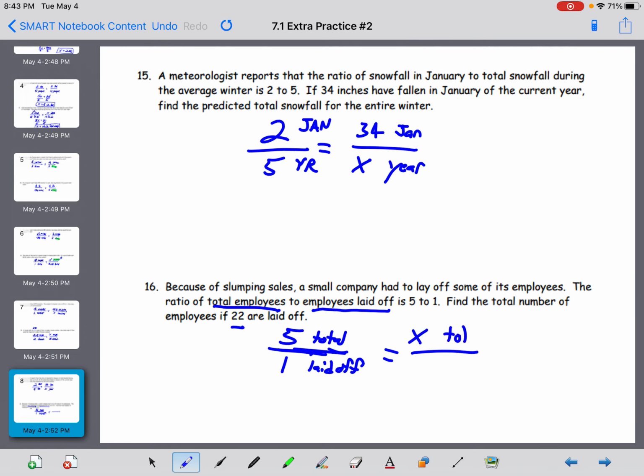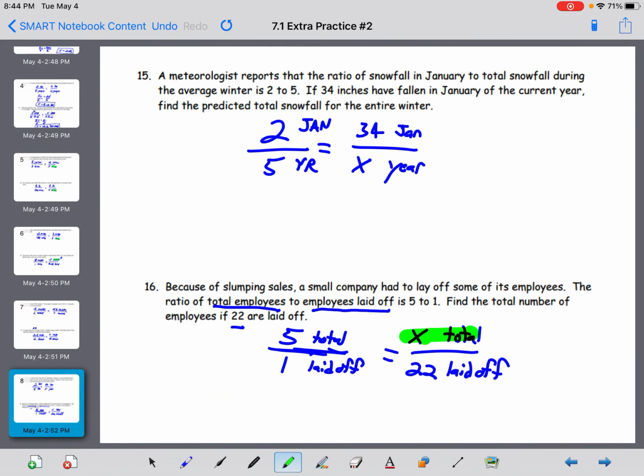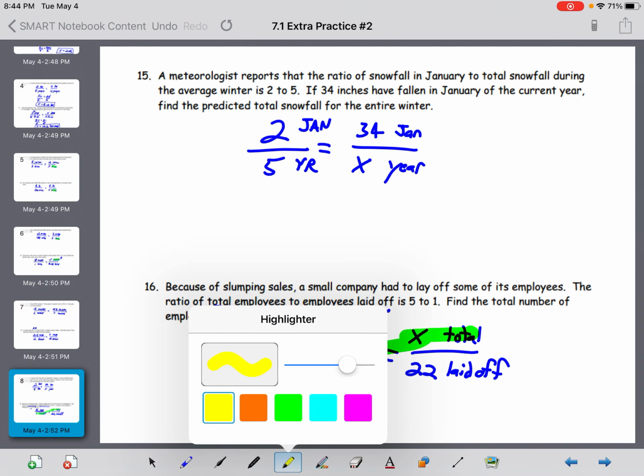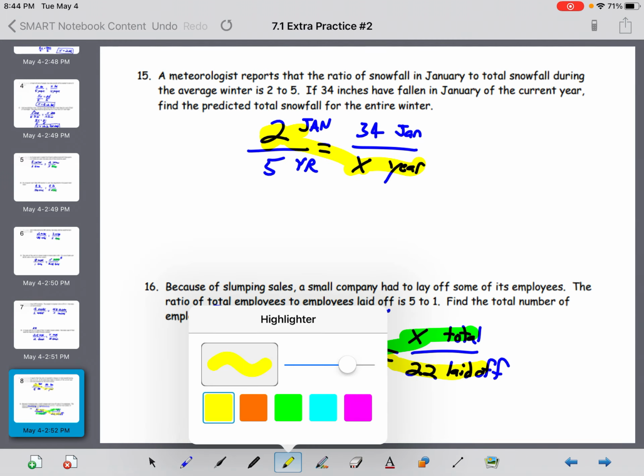So we're looking for X on the total if 22 were laid off. Okay, so again, just remember, we should be cross multiplying. All right. Multiply your greens, multiply your yellows, and solve for X.